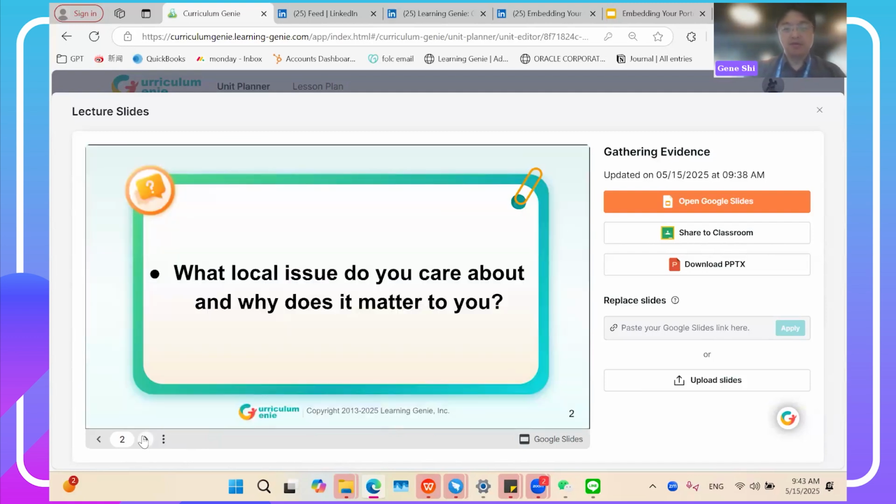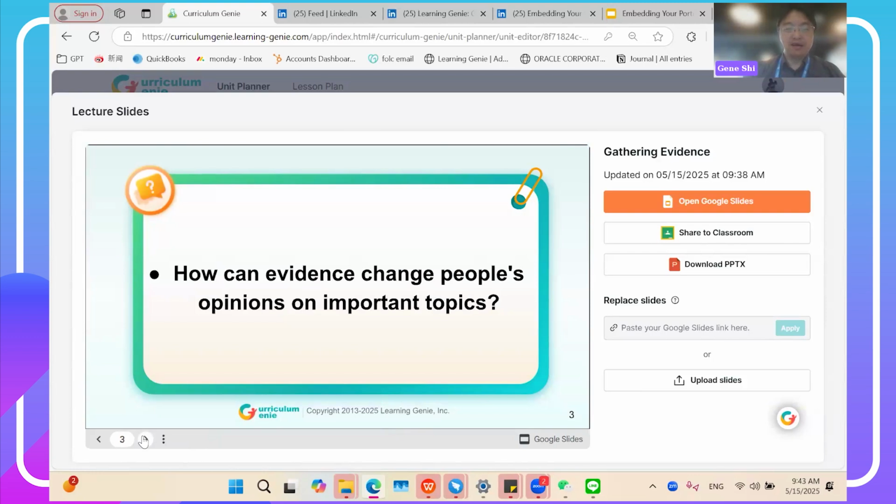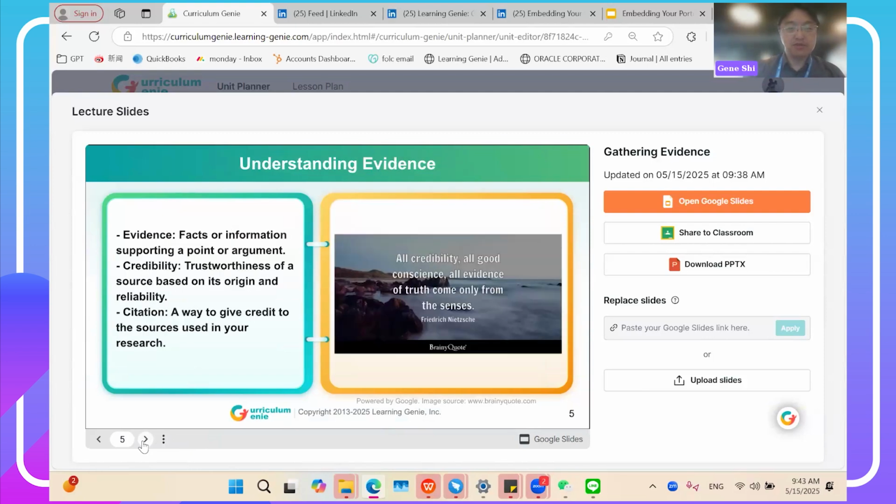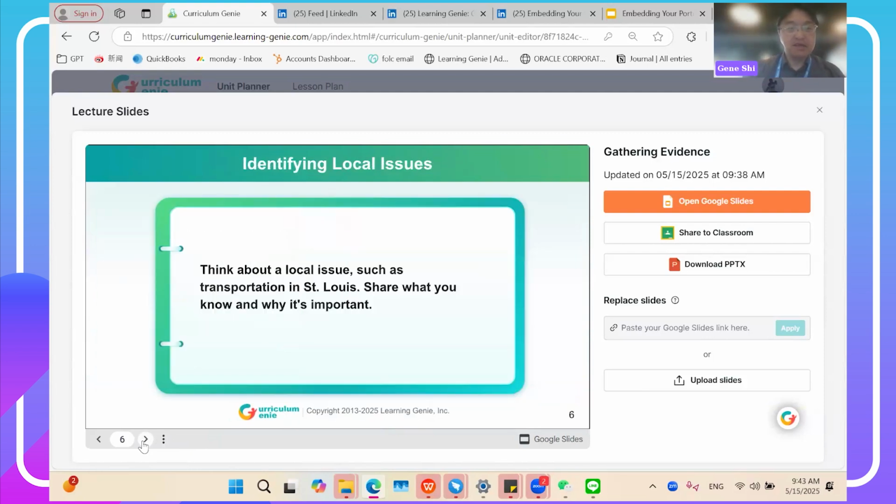What local issue do you care about? How can evidence change people's opinions on important topics? So, credible sources, right? In this, explore how to gather and evaluate evidence to support your arguments, identify credible sources for research, understanding evidence, identify local issues.